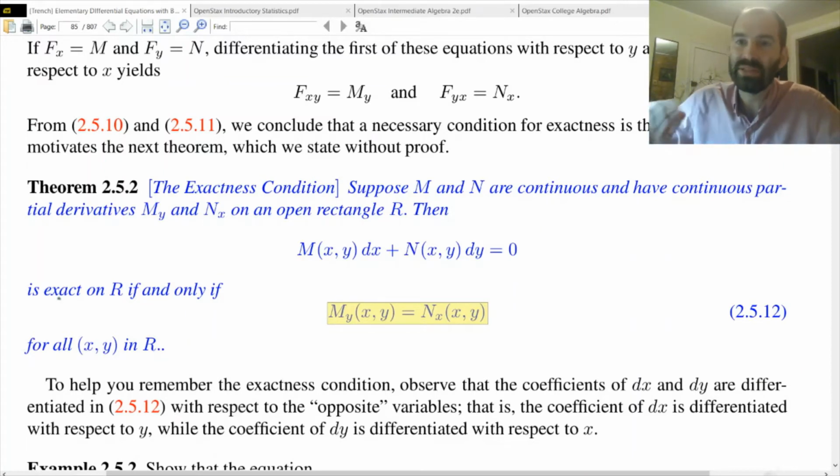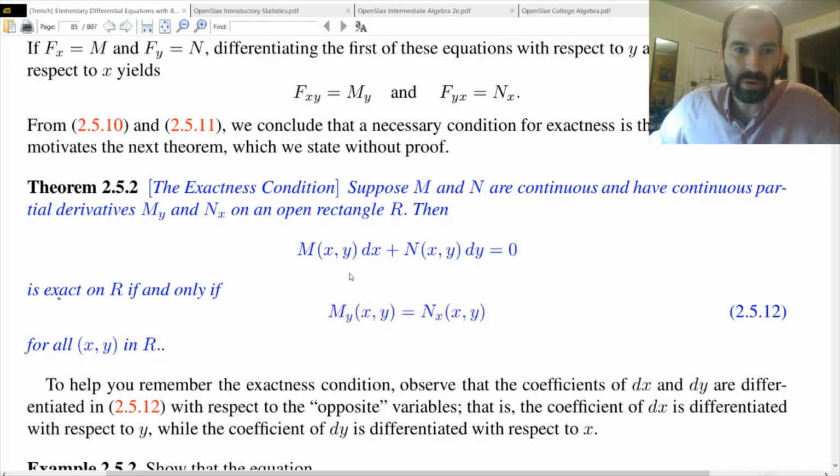So before we look for a solution, we should check this. And this is an if and only if, which means not only that if a solution exists, this is true, but also that if this is true, then a solution exists. So that's all we have to check. As soon as we check this, we know a solution exists.